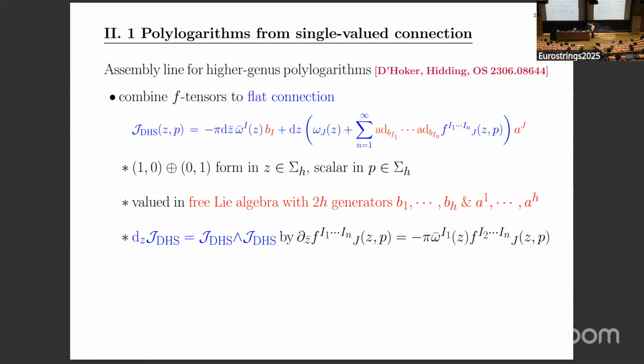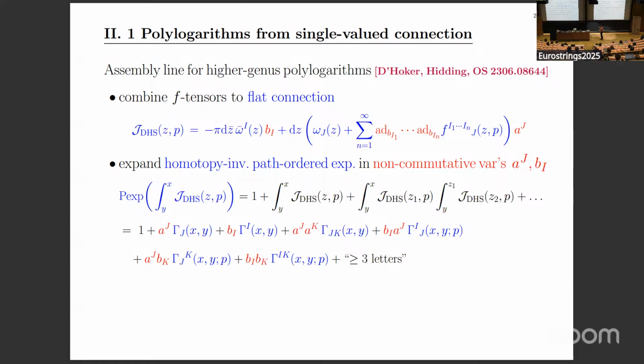Okay, so I confess that the f's are not meromorphic, but this is a feature rather than a bug. By this property of the f tensors, one can show that the connection here is flat, that it satisfies the Maurer-Cartan equation. This in turn means that you can put it into a path-ordered exponential.